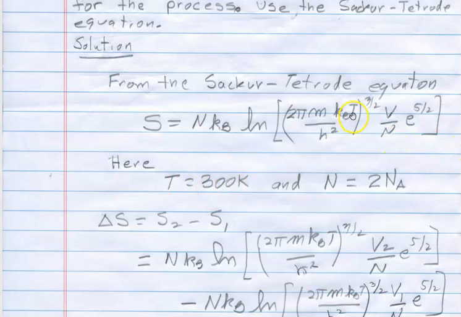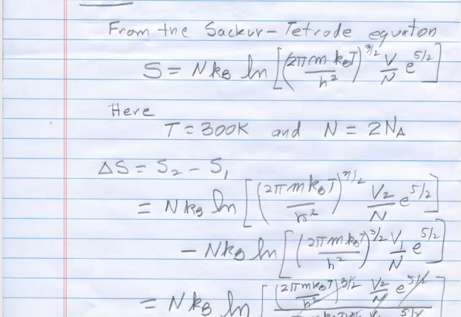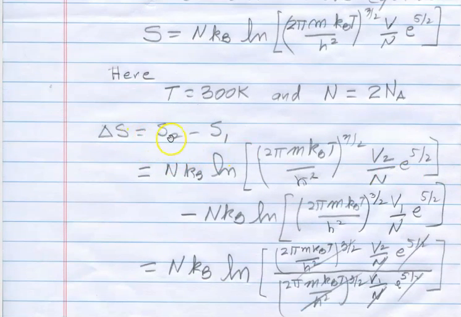Here, T in this equation is 300 Kelvin, and N, the number of particles, is 2 moles, so 2 times Avogadro's number. And I need to calculate delta S, which is S2 minus S1, and I use this for S. So the final is the final volume V2, everything else is as above. And for the initial, I have to subtract off N kB times this expression, where the only thing that's different is the volume is V1.